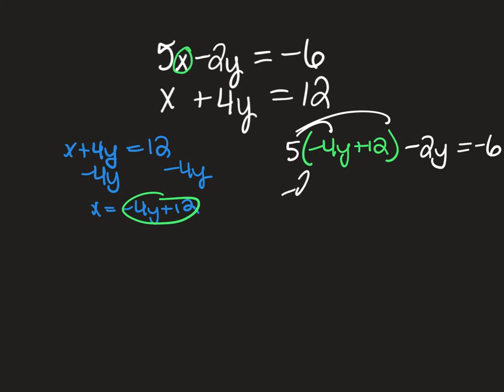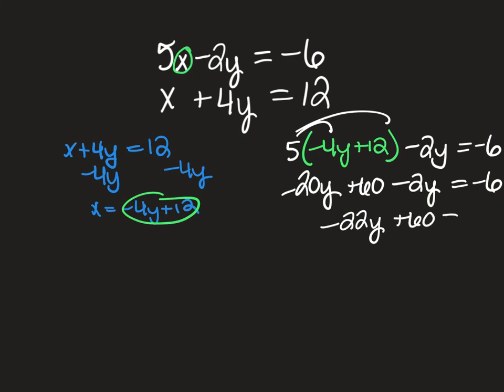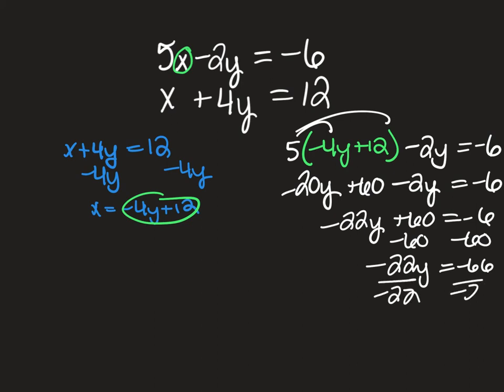Distribute, so you get negative 20y plus 60 minus 2y equals negative 6. Negative 22y plus 60 is negative 6. So negative 22y equals negative 66. So y equals 3.